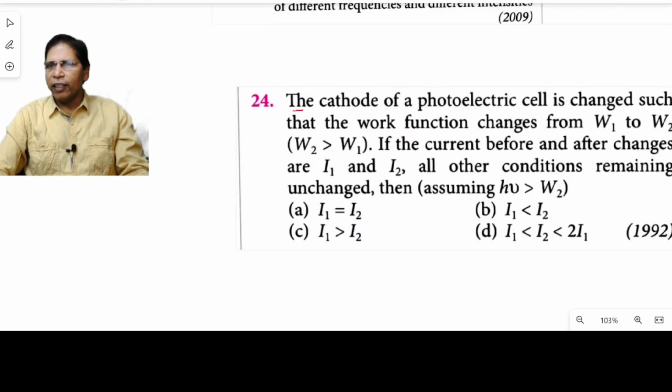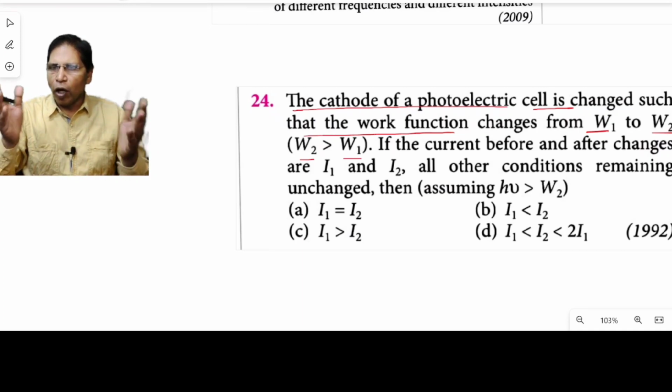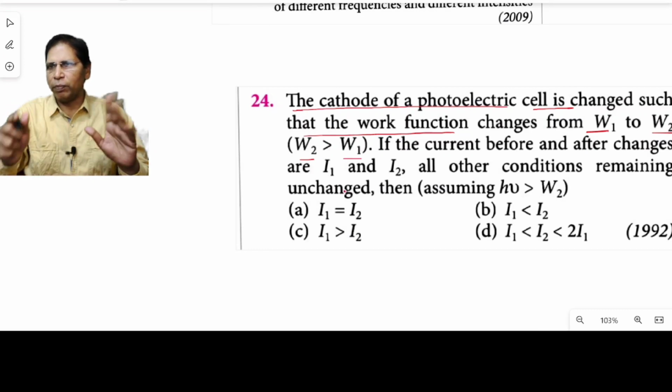The cathode of a photoelectric cell is changed such that the work function changes from W1 to W2, where W2 is greater than W1. That is, the work function of the second metal is greater than the work function of the first metal.